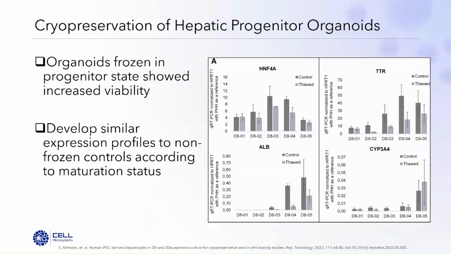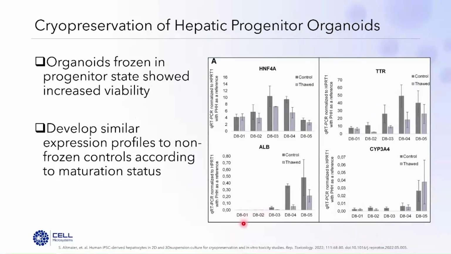So they decided to further characterize the progenitor organoids for their competency, not just showing that they could be frozen and thawed, but they did qPCR analysis to look at canonical hepatocyte markers. And here you're looking at a few of the qPCR targets normalized to primary hepatocytes.